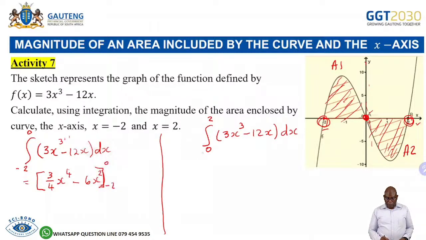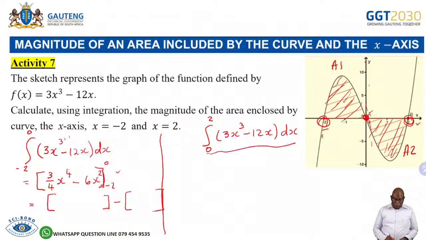So that one I've just written in here. We're going to use this one now for the other one. So from there I'm going to substitute by 0, minus substitution by negative 2.